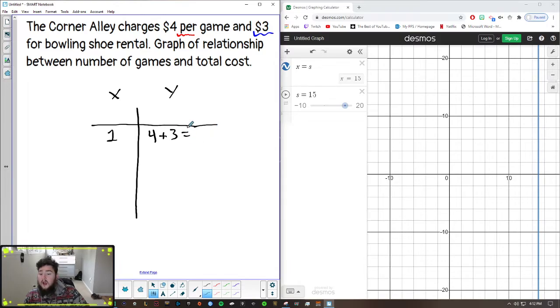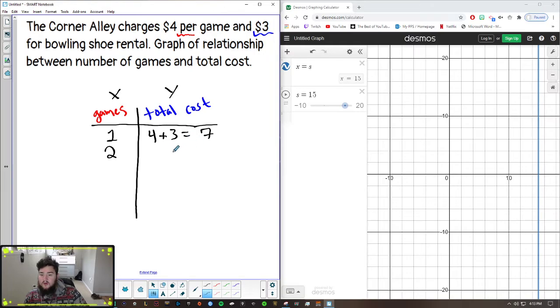So my total cost would be $7. So we know X is going to represent the number of games. We played 1 game. And we know that 7 is going to be the total cost. Or we could just say cost. So 1 game is $7.